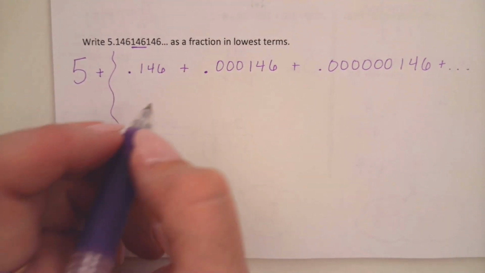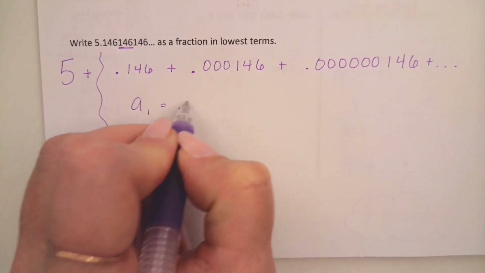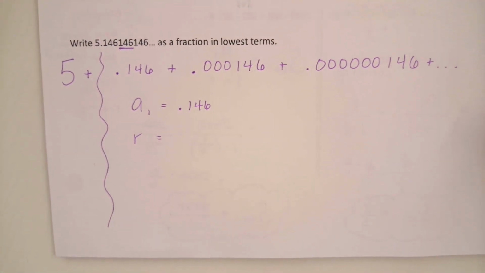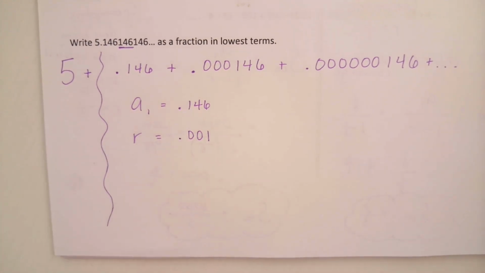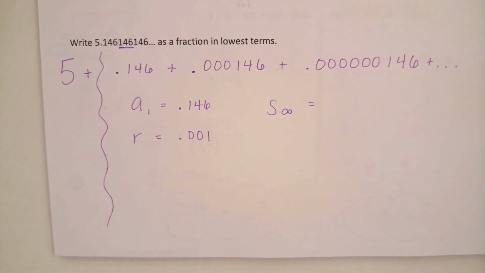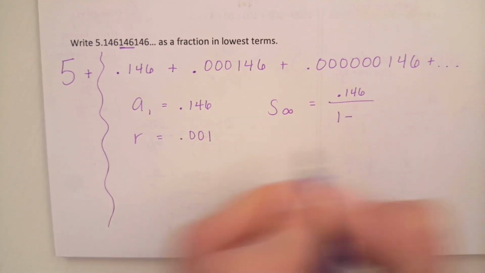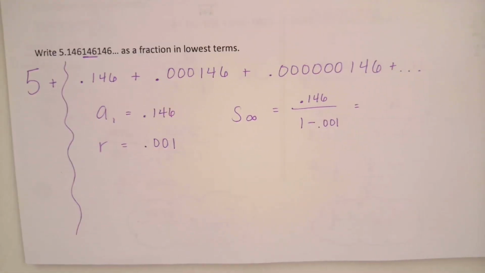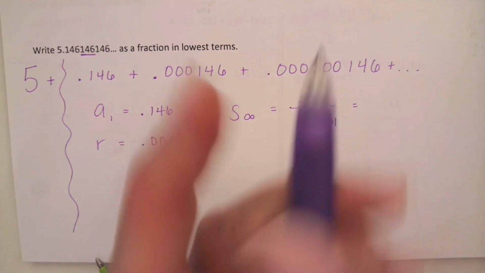Yes, good job. So for just this part of the series, we know our starting term is 0.146. Nicholas already told us our common ratio is 0.001. So we can already plug it in. If we do our infinite series formula, we'd have our A1 over 1 minus the common ratio of 0.001, which would be 0.146 over 0.999.